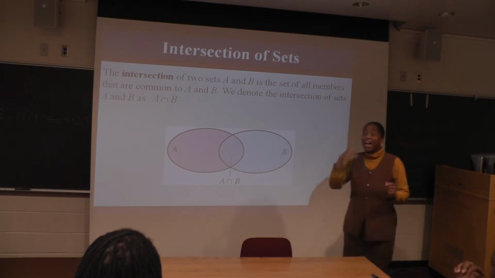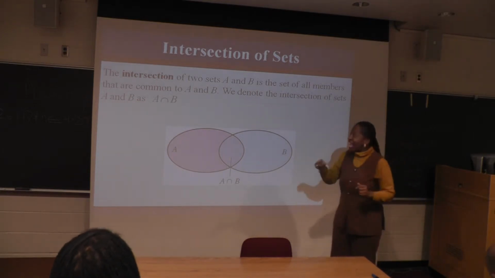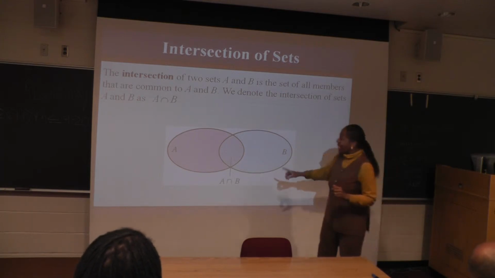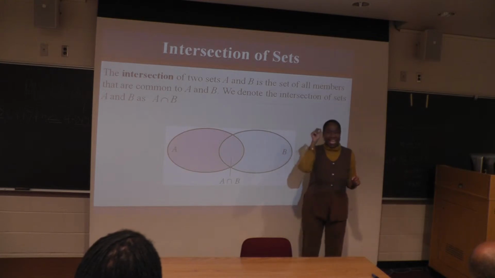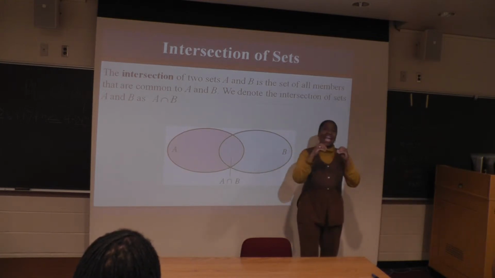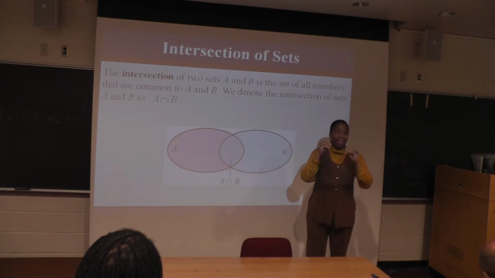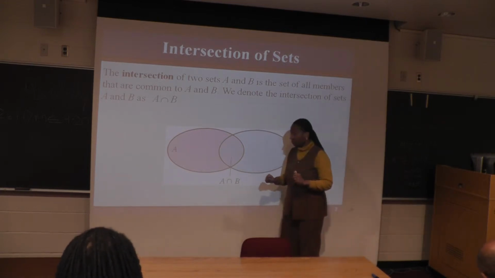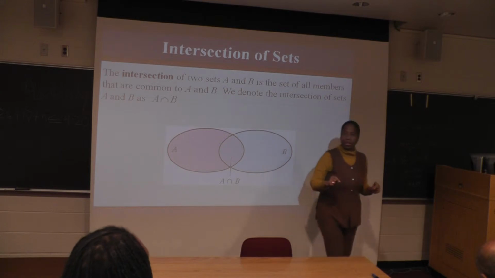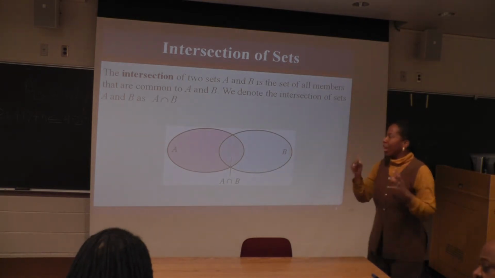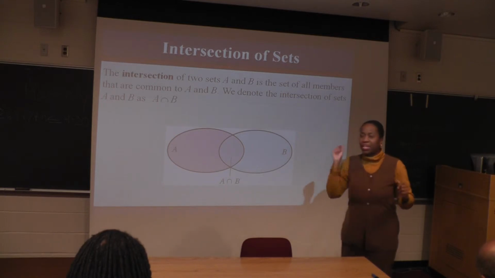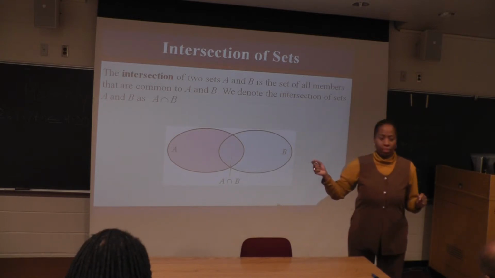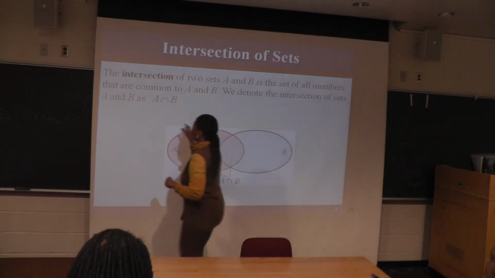Okay, so we have these conjunctions. Now, with intersection, the conjunction in math that we use for intersection is and. Write that down, and. State the sentence again. When we talk about intersection, the conjunction that we use is and.